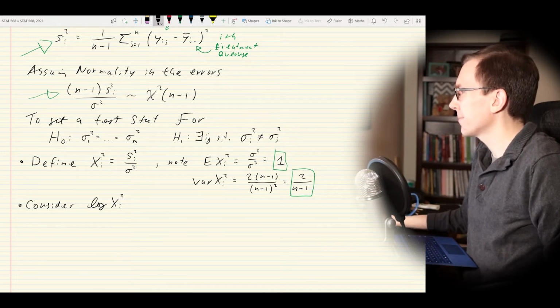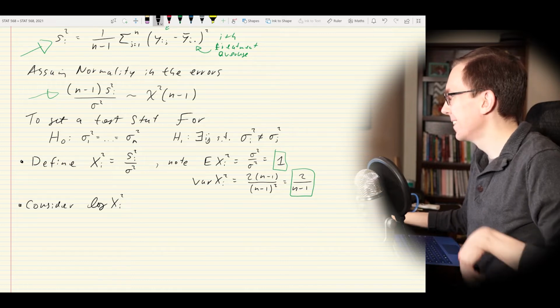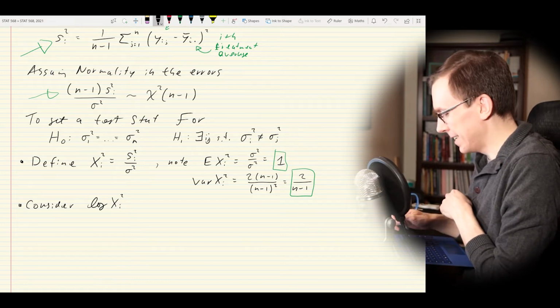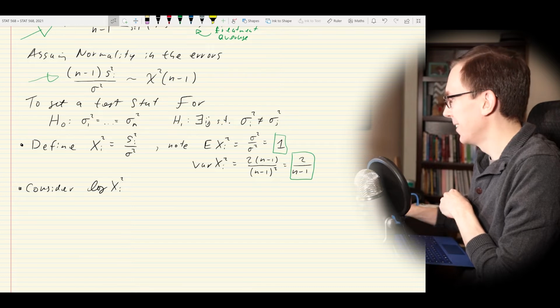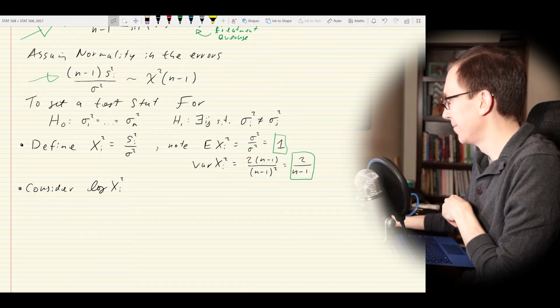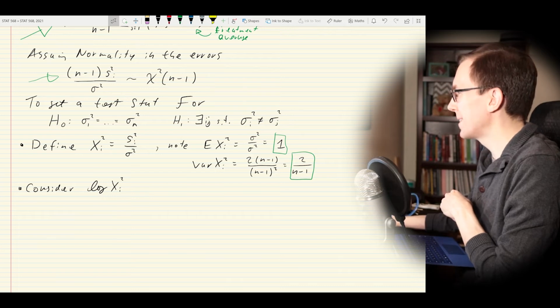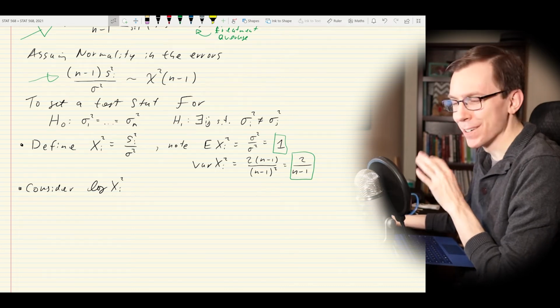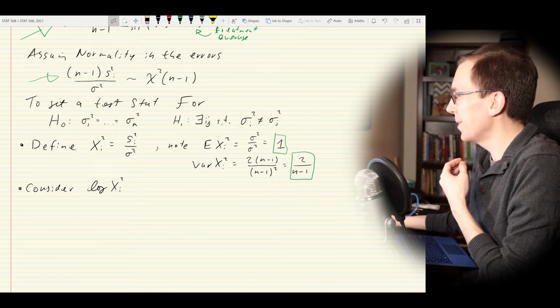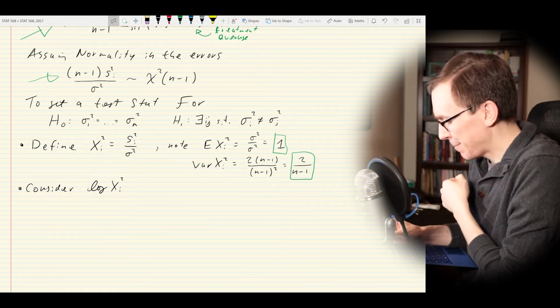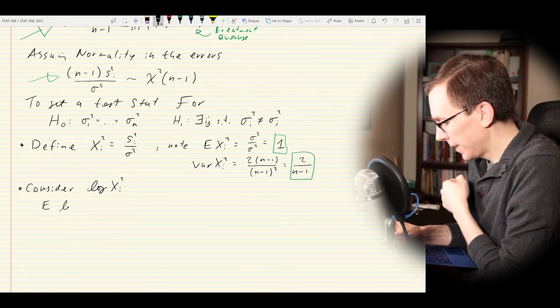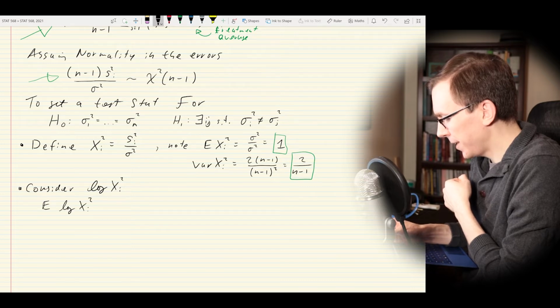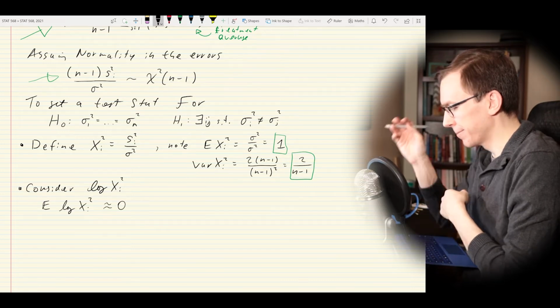Well, where is the conclusion? Okay, we'll just go through it step by step because I forget what the exact answer is. So we'll just work through it. And what we find is that the expected value of the log of chi i squared is approximately 0.